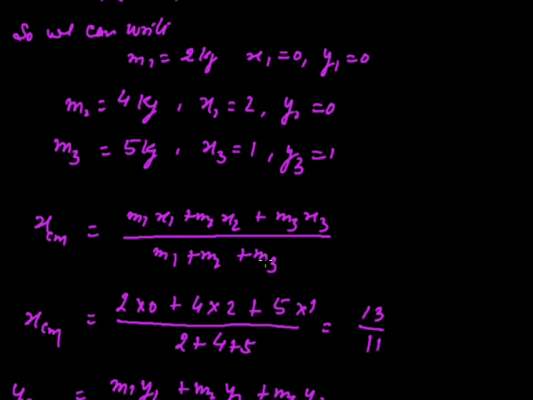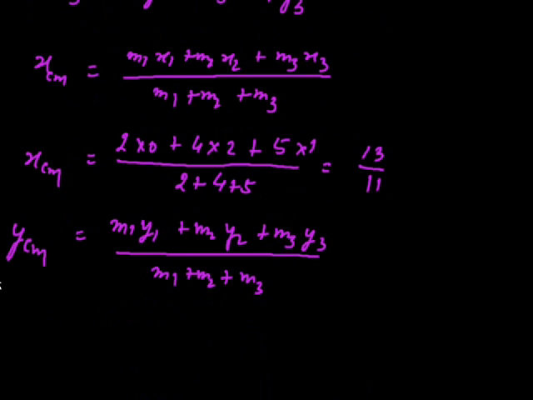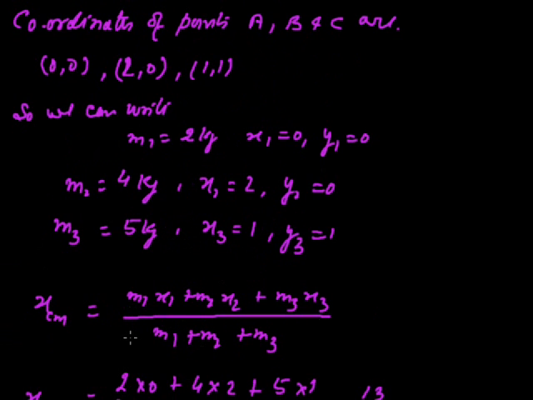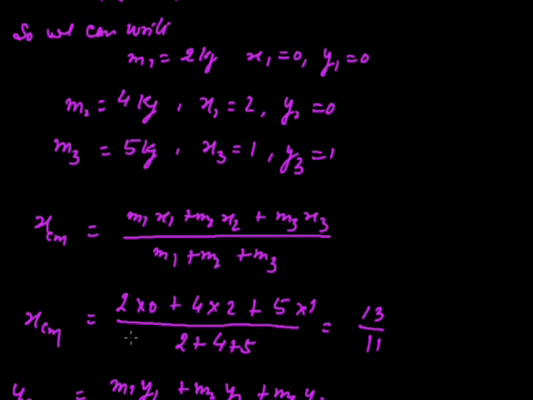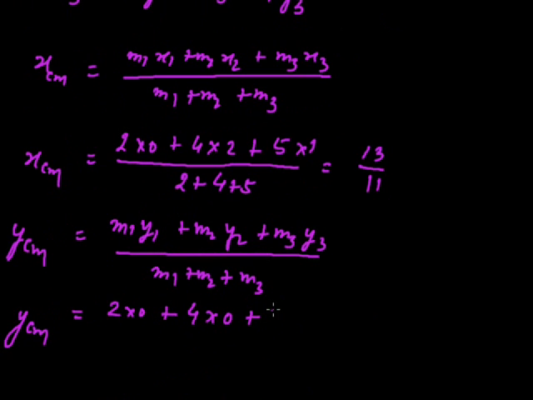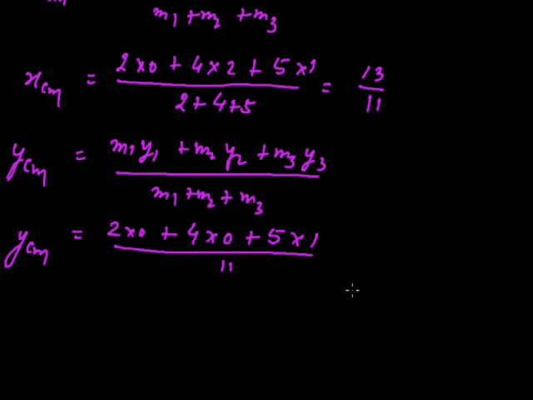The value of m1 is 2, y1 is 0, so ycm will be 2 into 0 plus 4 into 0 plus 5 into 1, divided by 11, that will be 5 by 11 meter.